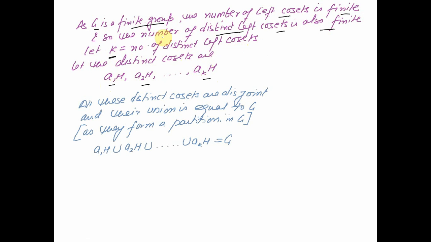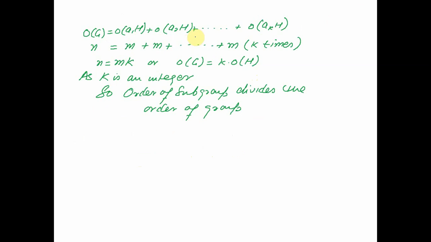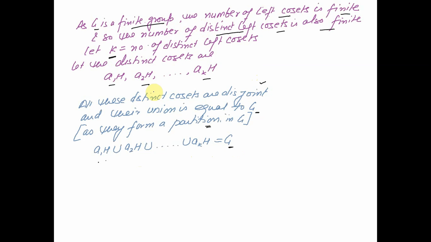Now by the properties that we have already seen, all these distinct cosets are disjoint and their union is equal to G because they create a partition of G. So A1H union A2H and so on up to AKH is equal to G. As the union of all these is equal to G and they are disjoint.